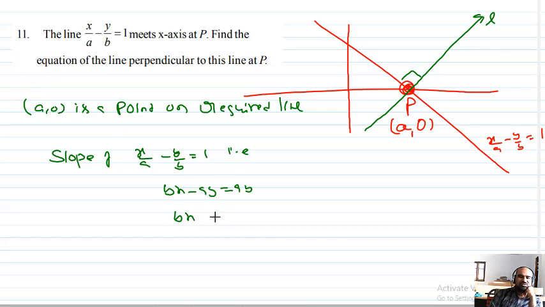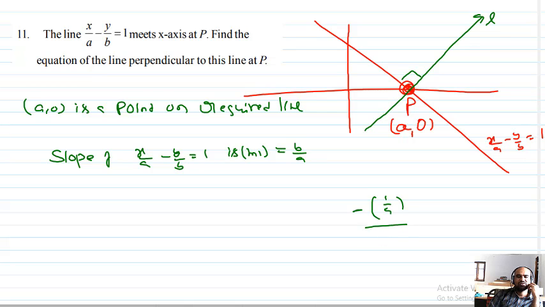So bx minus ab equal to ay, or b by a x minus b equal to y. Then what is the slope? B by a is the slope. I will write b by a, in bracket m1 equal to b by a. Directly by formula, it is minus x coefficient 1 by a, by y coefficient minus 1 by b; the minus signs get cancelled.